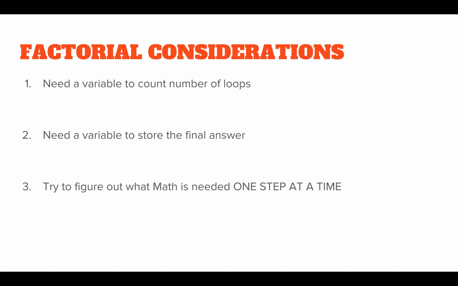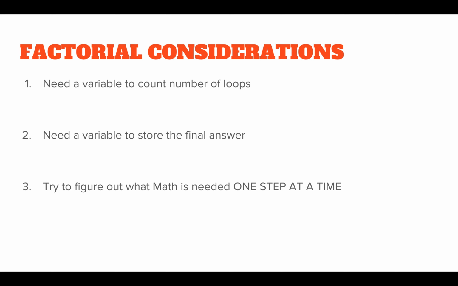And finally, the thing that we have to figure out is what math is needed. We're going through a loop, which means we're looking at each number one at a time. We're looking at the number 5. What do we do with that number 5? Then we are looking at the number 4. What do we do with that number 4? And we look at the number 3. What do we do with the number 3? So something's happening, and there's a pattern. And if you can solve that pattern in a loop fashion, then you can do really good math because you can have the computer do these loops, and it starts being really cool, the things you can do once you kind of understand that.